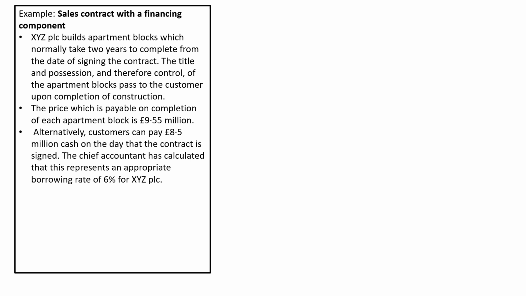Alternatively, the customers can pay 8.5 million cash on the day the contract is signed. The chief accountant has calculated that this represents an appropriate borrowing rate or discount rate of 6% for XYZ PLC.